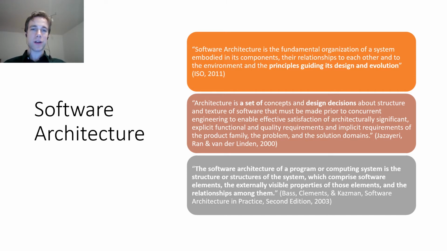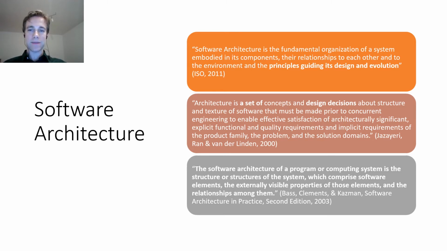Well, software architecture is trying to solve these issues, and there exist many definitions of what software architecture really is. Here are some of them, and I have highlighted some of the important wording of these definitions. In the first one, it says that the software architecture represents principles that are guiding the design and evolution of the software system.